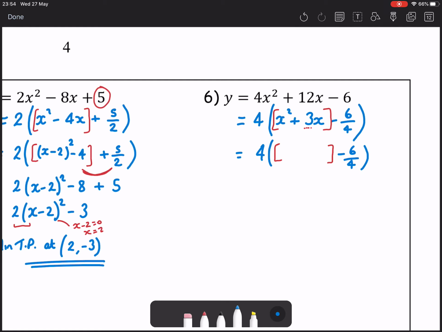My completed square form involves x, which will be squared, and to keep the two red brackets identical, I take the coefficient of the x, which is 3, and I half it, 3 over 2, and I take away that value squared.